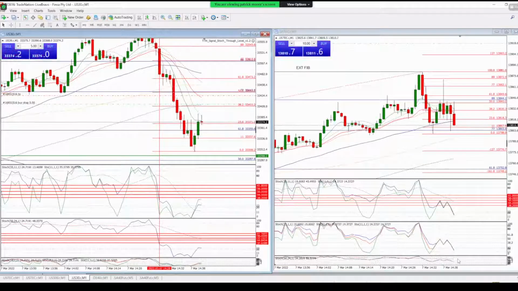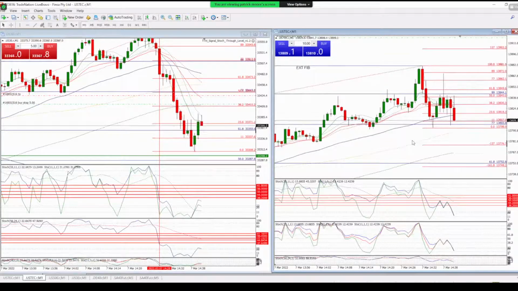US tech, we have to get a little bit of a better range here.